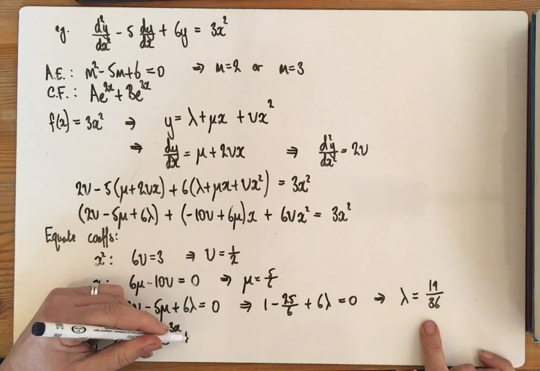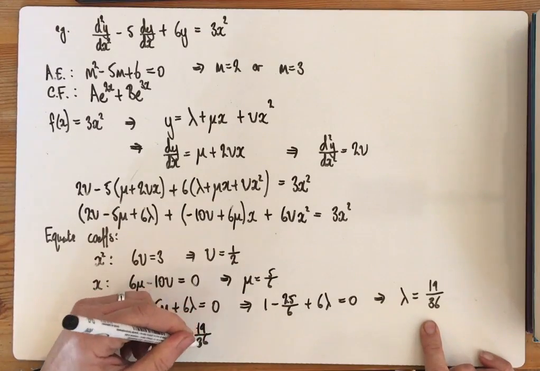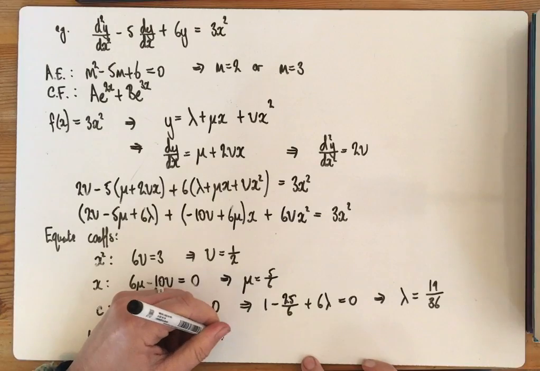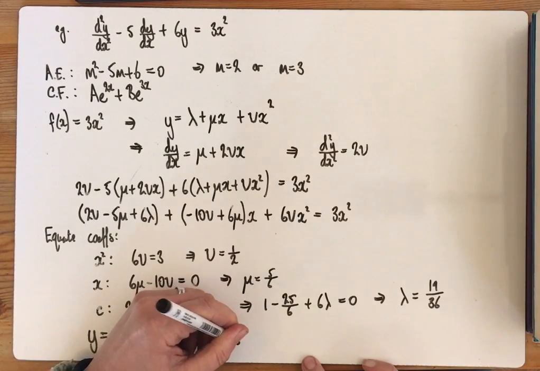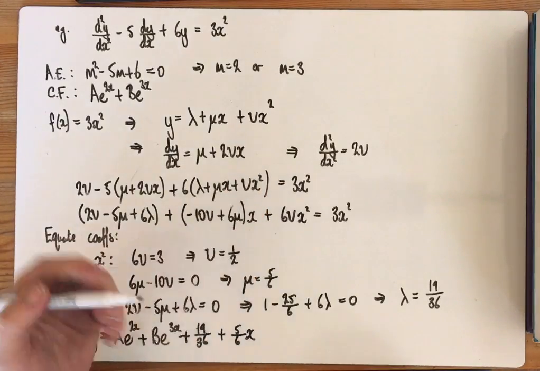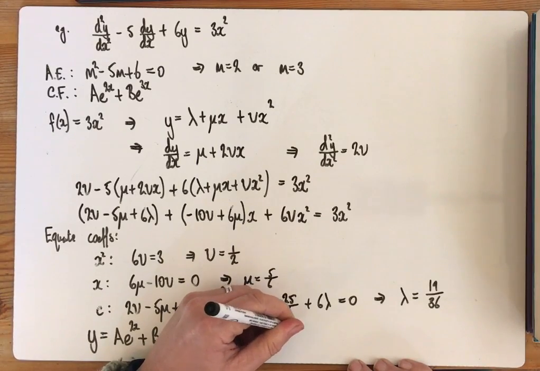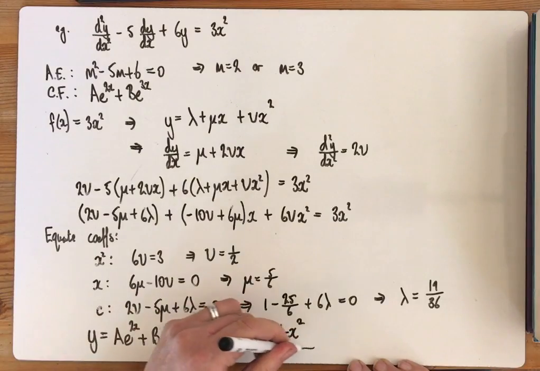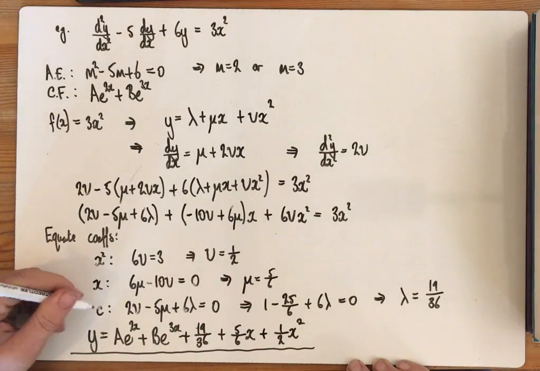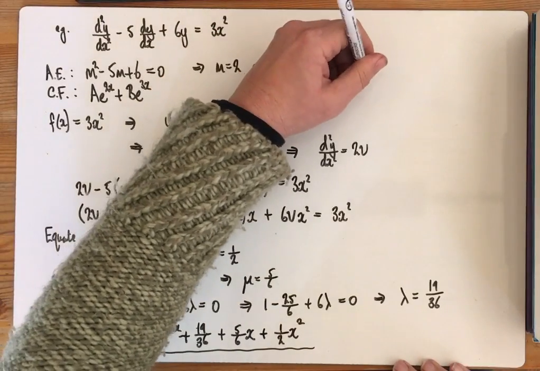So it's plus 19 over 36 plus 5/6 x, and then nu is a half, so substituting into there, so plus a half x squared. Two constants of integration because it's a second order differential equation. So this bit here is our particular integral.